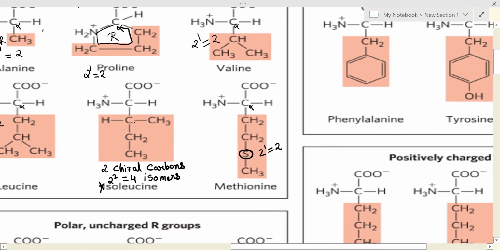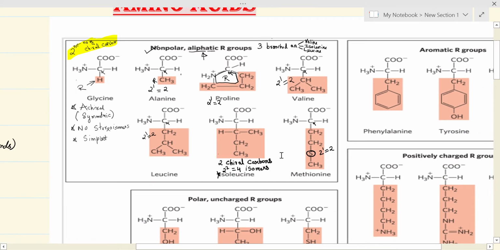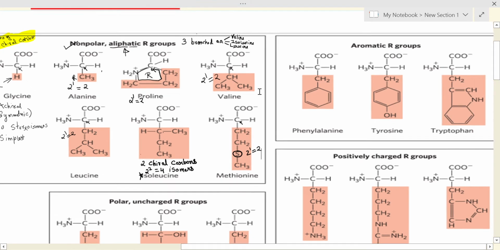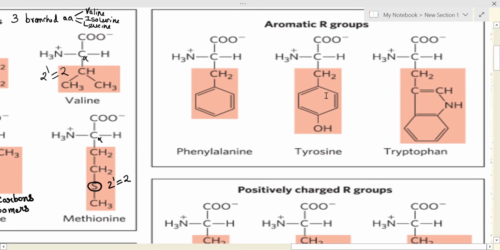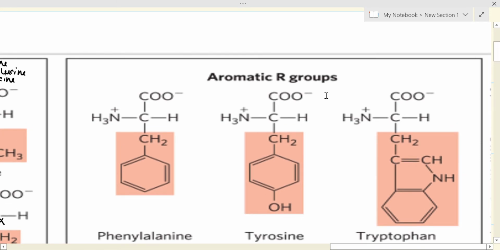So these were the aliphatic non-polar amino acids. I hope it is clear. Now let us move to aromatic R groups. Very simple, and only 3 in existence.